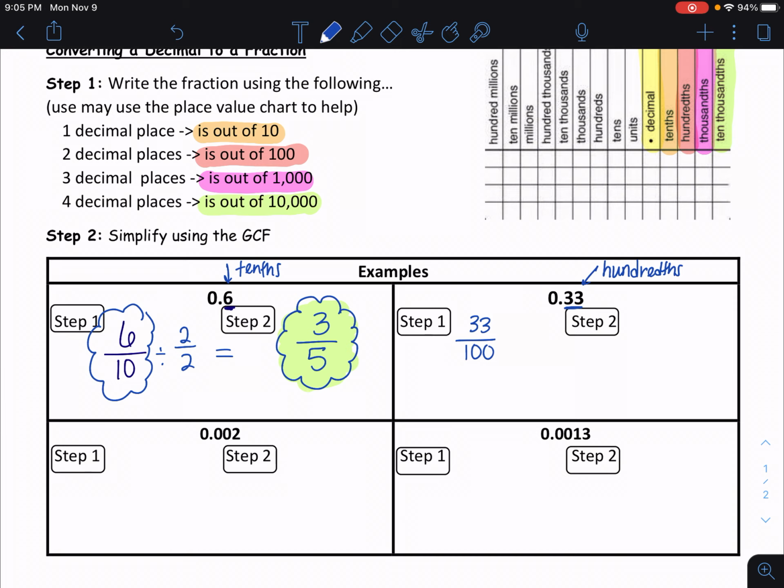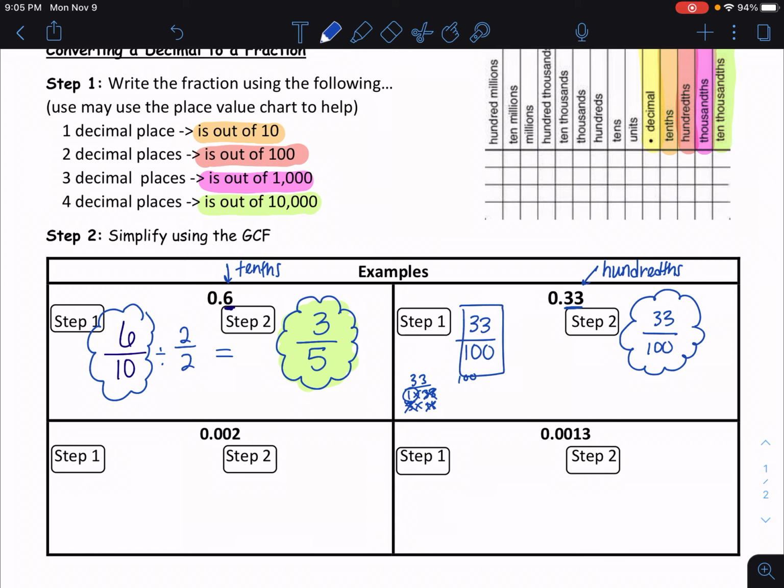Do 33 and 100 have anything in common? So if I just check really quick, 33 and 100, 1 times 33, 33 doesn't work, 3 times 11, 11 doesn't work, 3 doesn't work, 1 works. So 33 over 100 is my final answer.